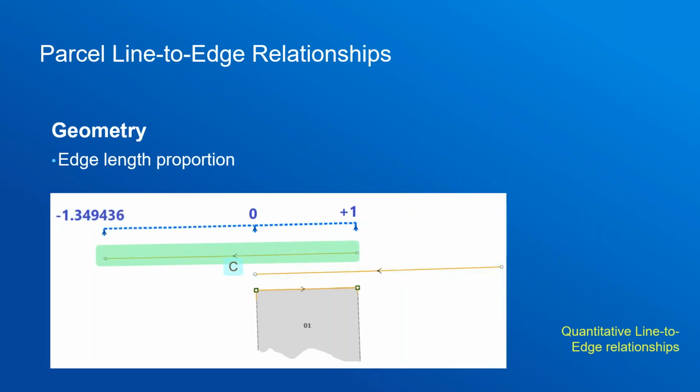And in the case of this line that's going the other direction, because we're going in a clockwise sequence, this is now negative. So we have a negative 1.349 for line C in terms of its geometry relationship in proportion to that edge.